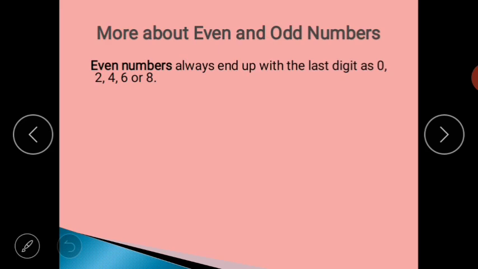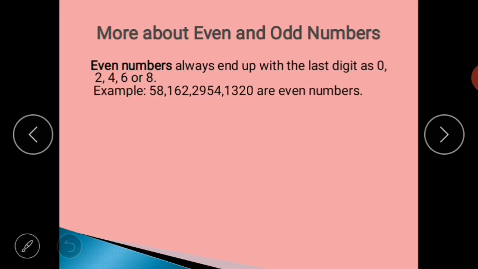First, even numbers always end with the last digit as 0, 2, 4, 6 or 8. So if we check the last digit of any number, then we can identify the number as even or odd.